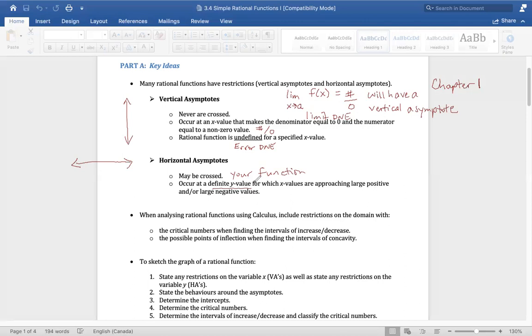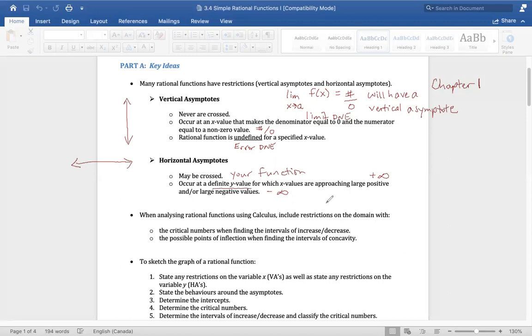I will actually get a number for when x values are approaching very large positive or very large negative numbers, so approaching positive infinity or negative infinity. This is the idea of going as far as we can to the right and as far as we can to the left along the x-axis, which is the idea of end behaviors.